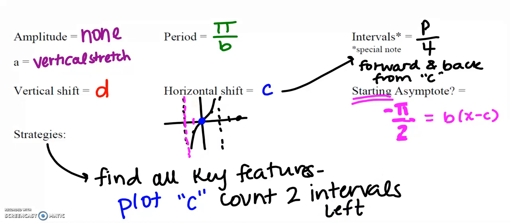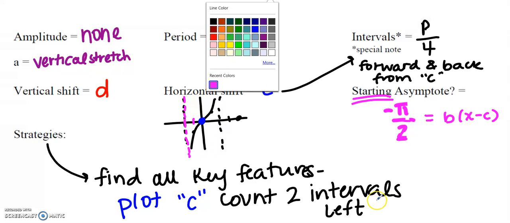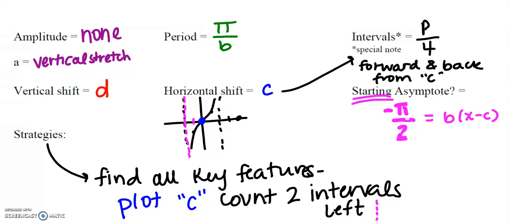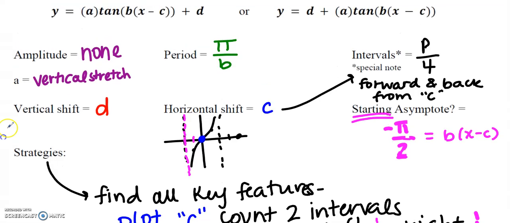That gets you your starting vertical asymptote. And to the right gets you your end of the period. Okay. Big things to remember. The period for this one is only pi. Pi, pi, pi, not 2 pi. Okay? And we'll practice in the next video.